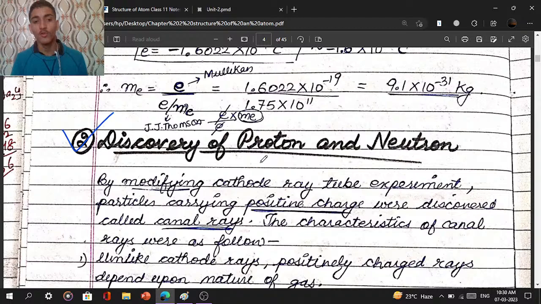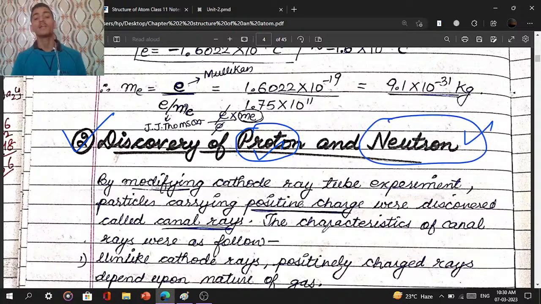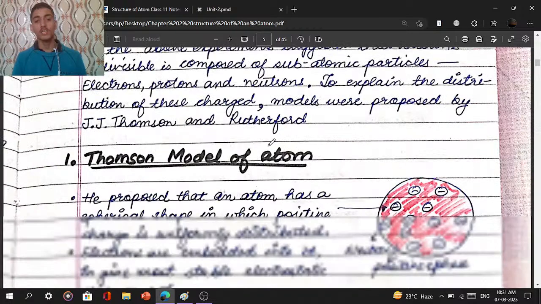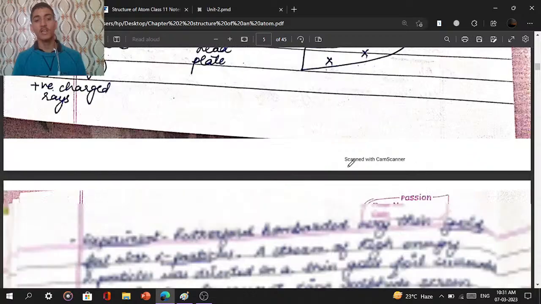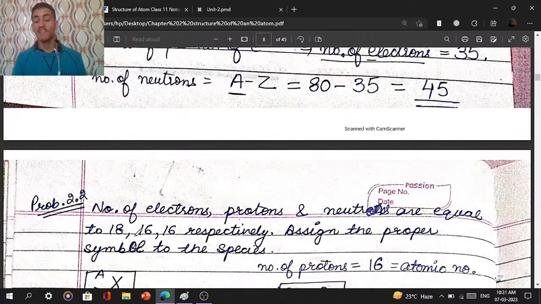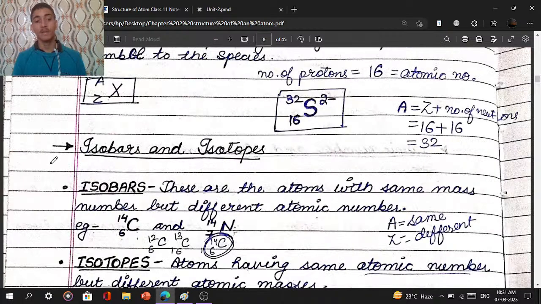The protons' discovery was done by E. Goldstein, whereas the neutrons' discovery was done by James Chadwick, right? Atomic models we have done, Thomson's model, then Rutherford's nuclear model, and its limitation I already explained yesterday. Then I explained the different concepts of isobars, isotopes, as well as one more thing.